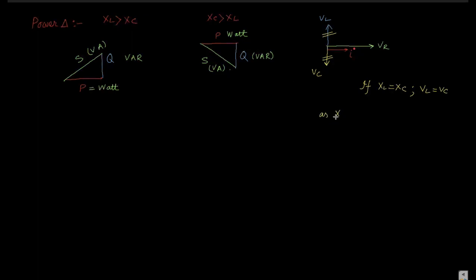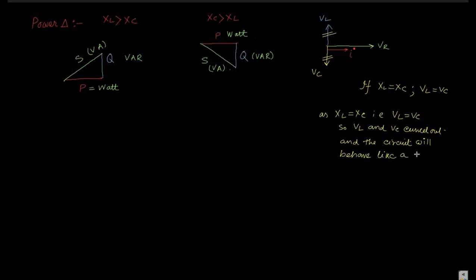As XL is equal to XC, VL is equal to VC, so VL and VC cancel out, and the circuit will behave like a pure resistive circuit.